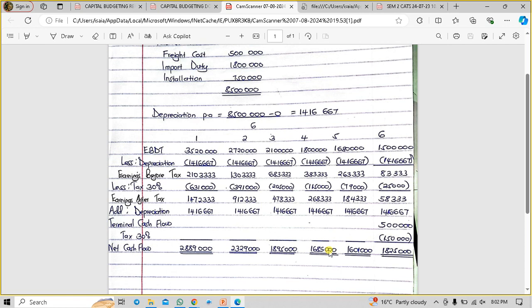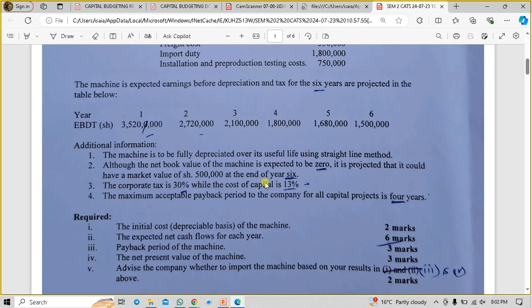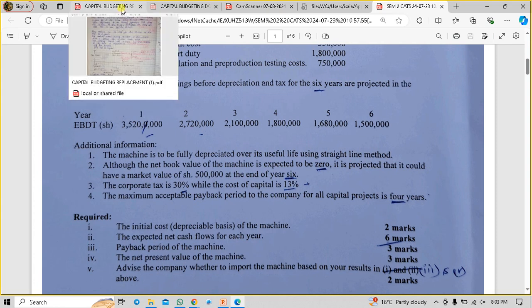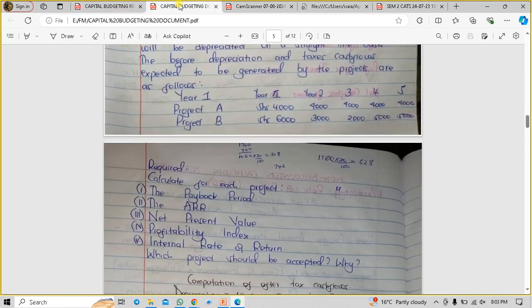So let's proceed to the next part. Payback, it's easy. The net present value of the machine. So for net present value, let me show you something here.